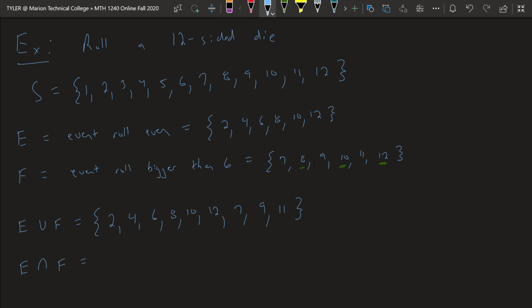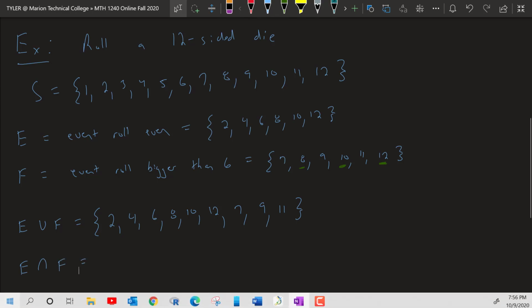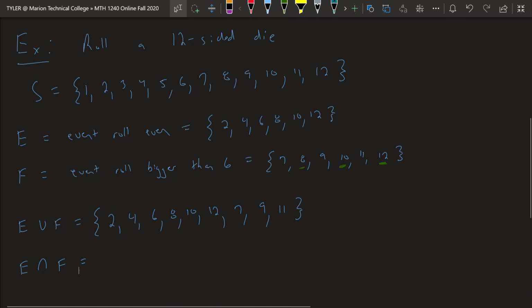So E intersect F would be equal to all the elements that are common in both E and F, right? That would be the numbers I underlined in green here. So an 8, 10, and 12 are what's common between events E and F.